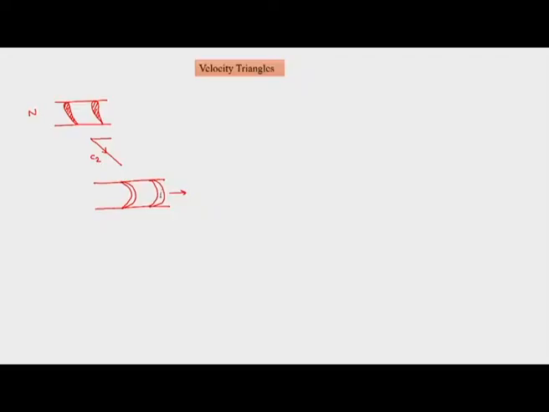The flow is approaching the rotor with absolute velocity C2. Let us draw the rotor blades. The rotor blades are like this. In the case of a compressor, we had seen that there is a small deflection when the flow passes the rotor, but in the case of turbines there will be a large deflection.